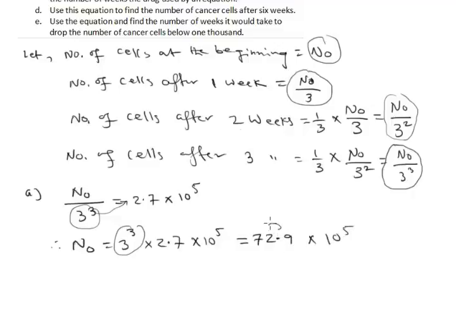Now if we take this decimal point 1 left and keep it in the standard form, it will be 7.29 times 10 to the power 5 plus 1, that is 6. So the initial number of cells was 7.29 times 10 to the power 6.